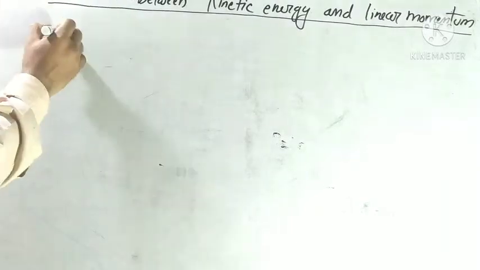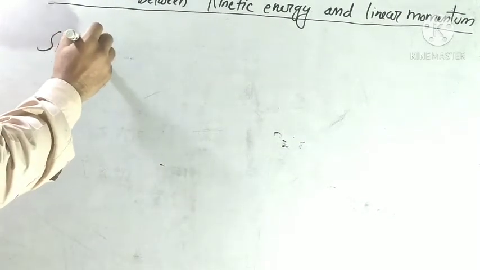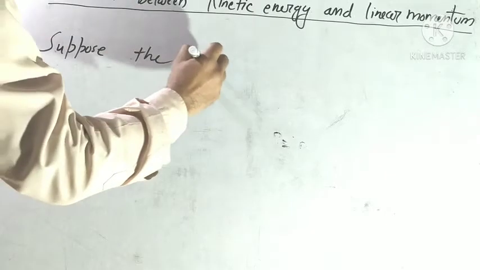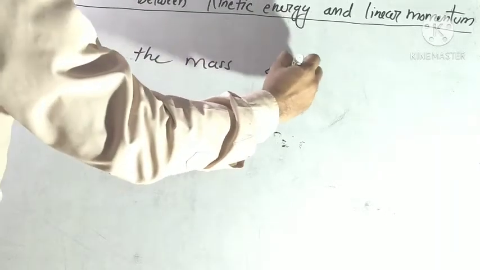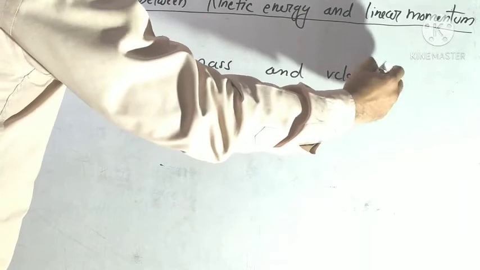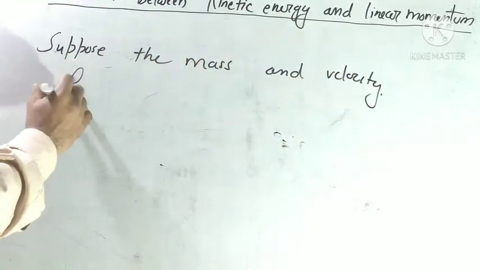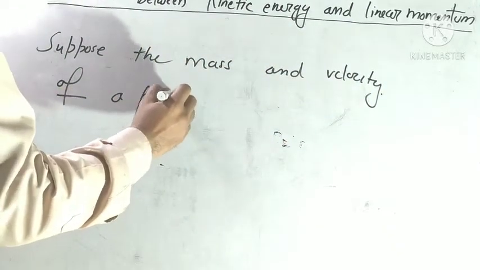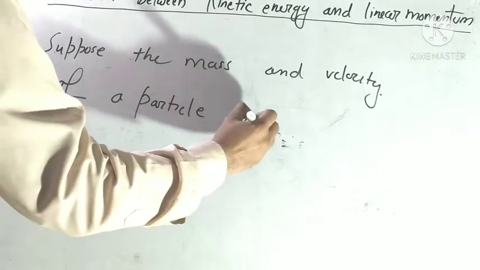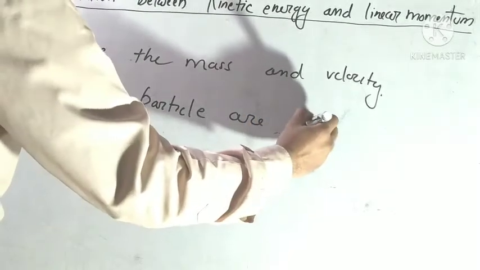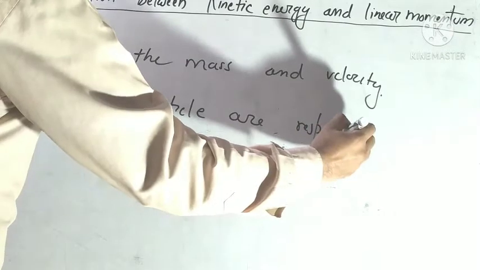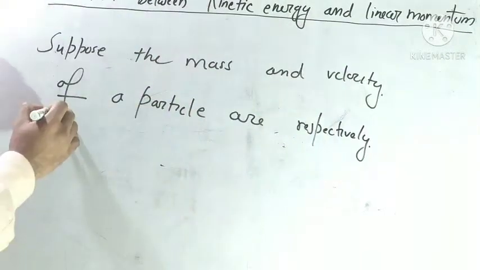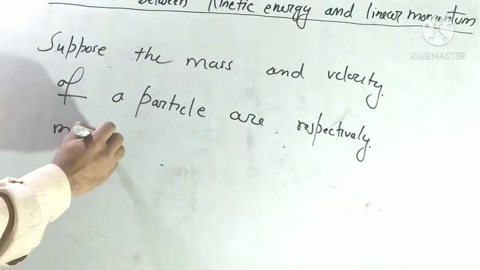Suppose the mass and velocity of a particle are respectively small m and v.